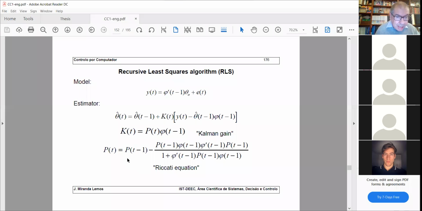And what happens is that some of the components of P decrease, but others do not decrease. And if they do not decrease, then you do not converge. And some parameters may converge and some other parameters may not converge.